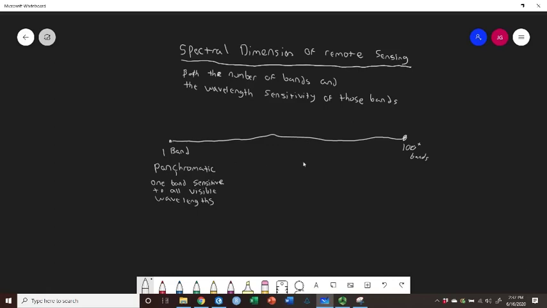And then on the other side over here, when you start having 50, 60, 100 plus bands, on this side of the continuum, you have what's called hyperspectral remote sensing, or hyperspectral. And hyperspectral has, it's kind of hard to put a number on it. I would typically say 15 plus bands.